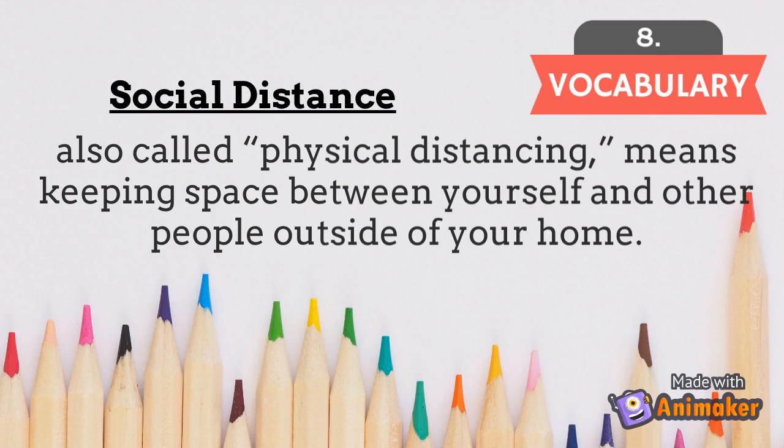The eighth vocabulary term, social distance. Also called physical distancing. It means keeping space between yourself and other people outside your home. Currently, the CDC recommends at least 6 feet. Social distance.